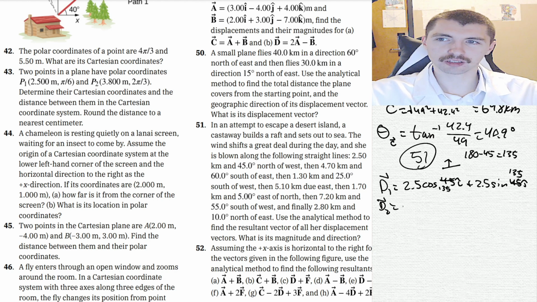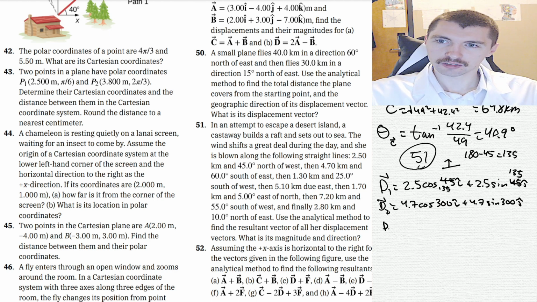Okay, and D2 is 4.7 cosine 60 degrees south of east. So that's 300 degrees. D3 is 1.3 cosine 25 degrees south of west. So that is 180 plus 25. So it's 205.